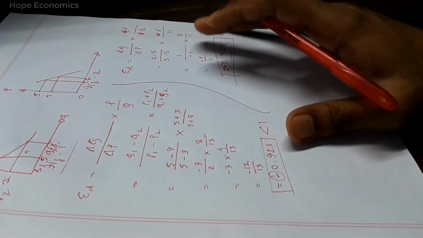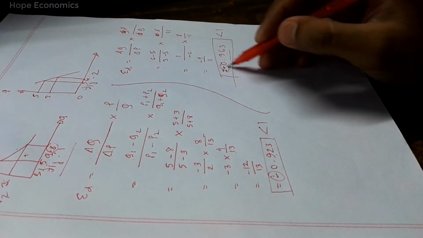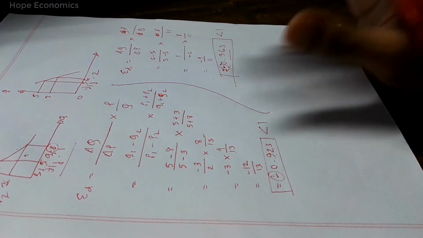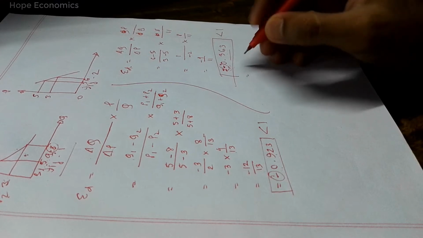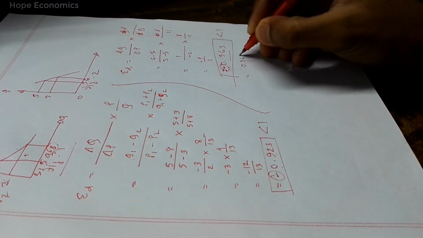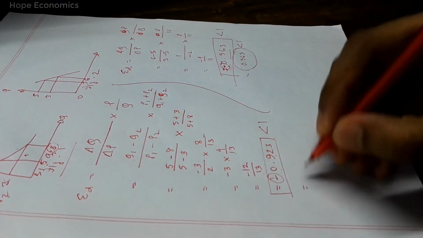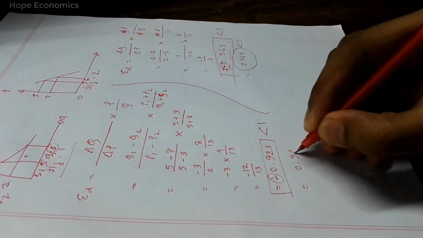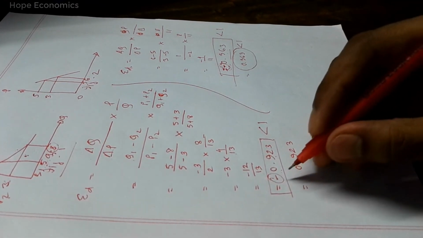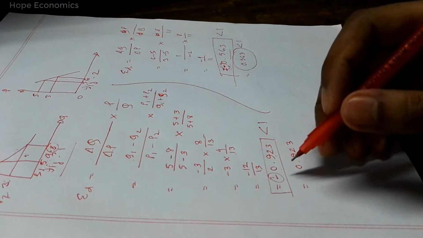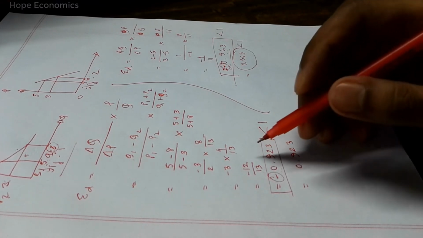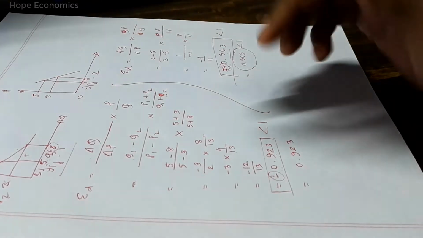You don't have to count the negative sign. Just consider the absolute value. This negative sign arrived just due to the downward sloping of the demand curve, nothing else.